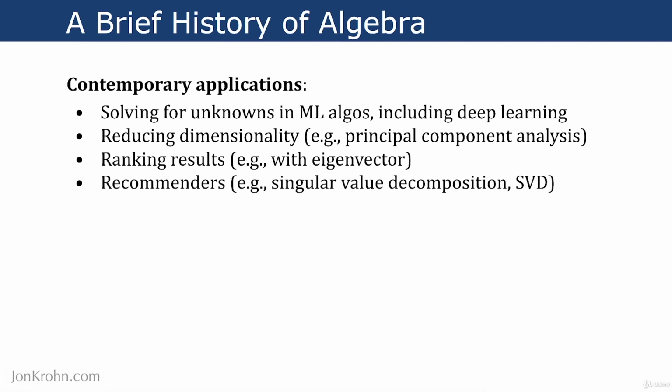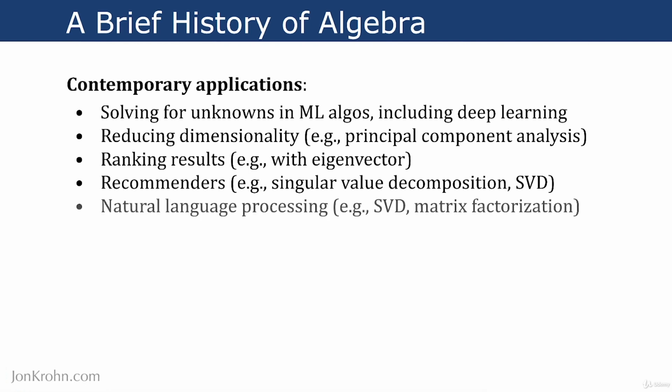And same thing with recommender systems. If you want to build a recommender for movies, for example, based on other movies that somebody has watched, you can use singular value decomposition to do that. And again, that is something we'll be covering in Linear Algebra 2 once we get past the foundational content in this Linear Algebra 1 course.